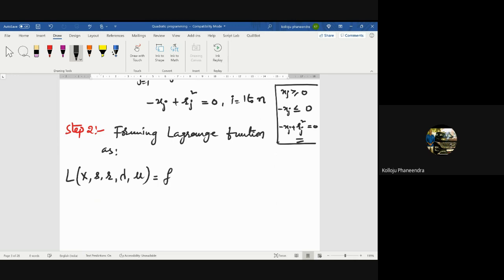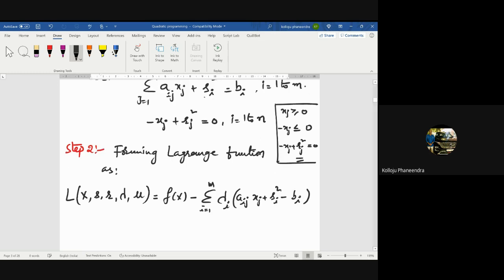What is this? Lagrange's function is objective function minus summation lambda i into the given constraints. What are the constraints here? aij xj plus si square minus bi, i equal to 1 to m. This is one constraint. That means this part is over. Now, what are the another constraints? Minus xj plus rj square.